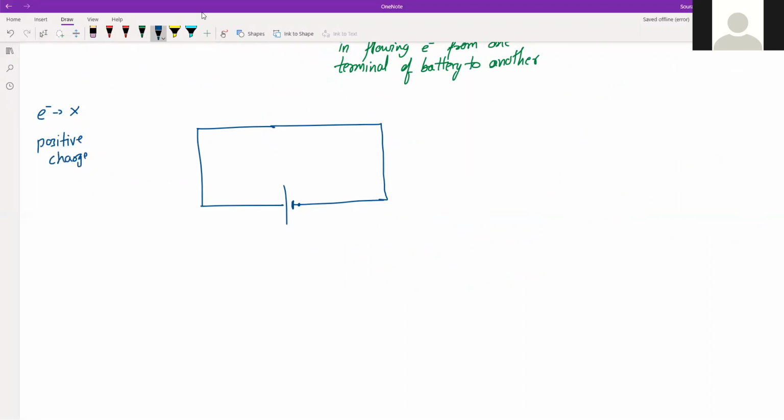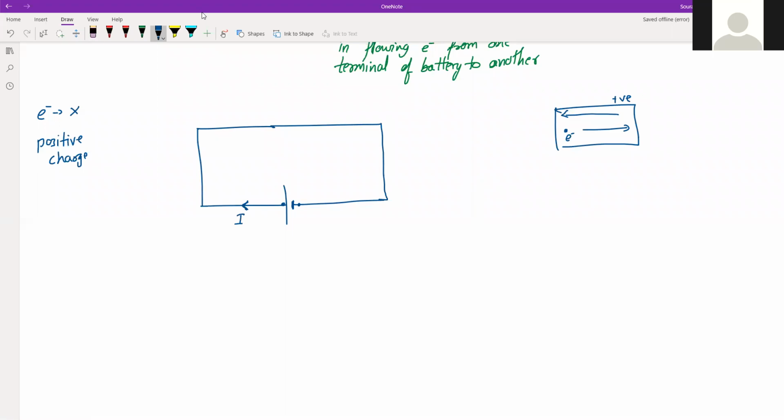If an electron moves from here to here, that means a positive charge is moving from here to here, in the opposite direction. So what we saw earlier was the direction of electron. Now this is the direction of current, which is nothing but the opposite direction of the electron, or the direction in which the positive charge must have been moving.